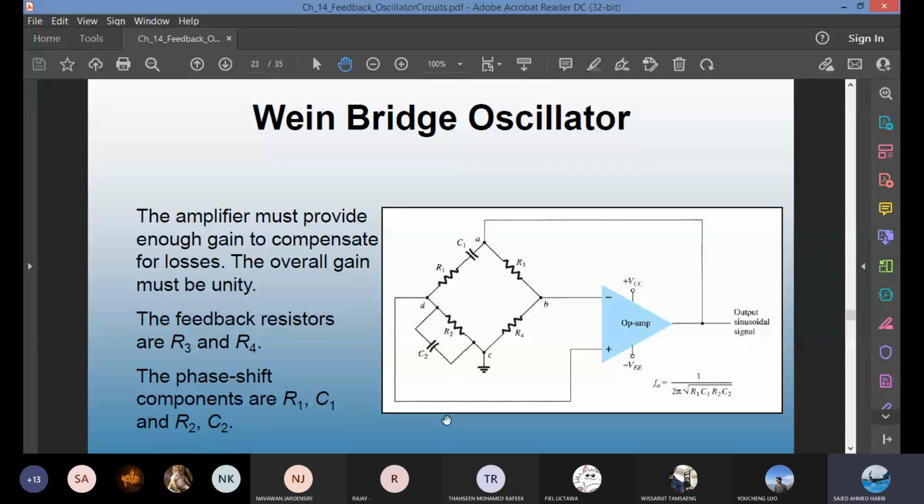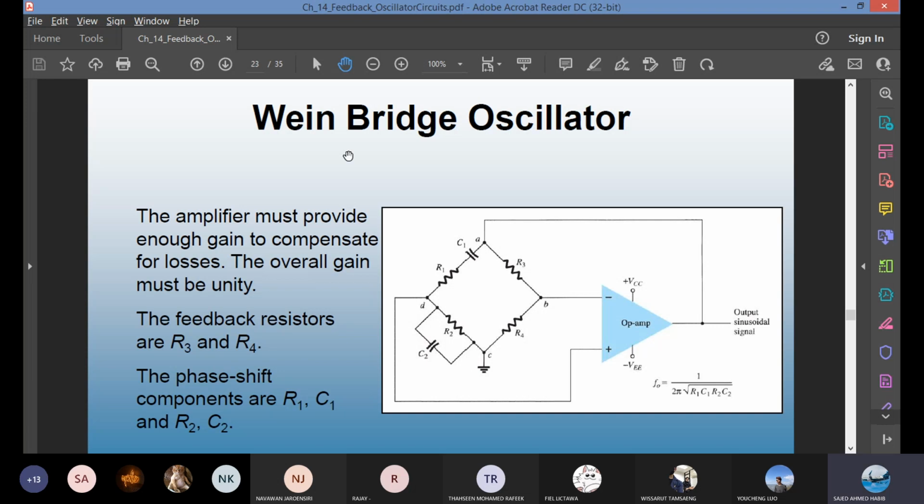This one is a practical oscillator circuit using 4 resistors and 2 capacitors. This is also known as an RC bridge circuit. So it's using an op-amp and RC bridge. The oscillator frequency is set by the R and C components.